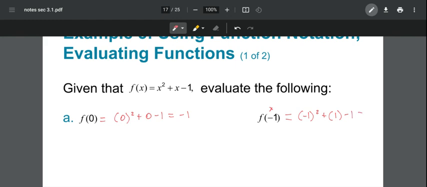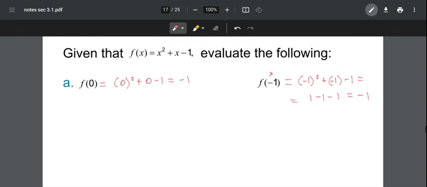So we have 1 plus 1 minus 1, 2 minus 1, we're getting 1. Oh, excuse me, it should be negative 1 here. So then that will be 1 minus 1 minus 1, so the solution will be negative 1.